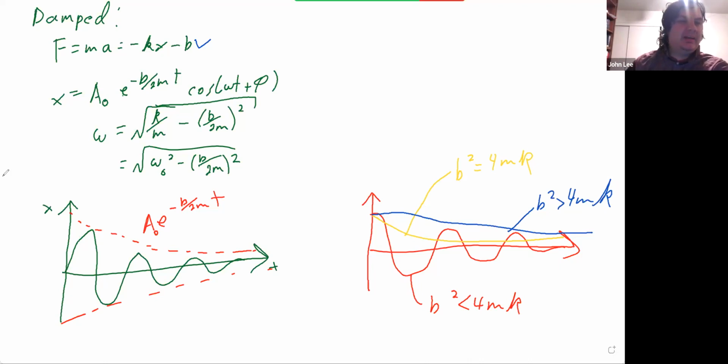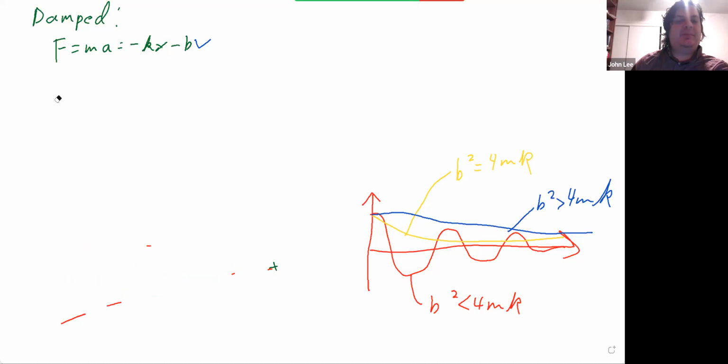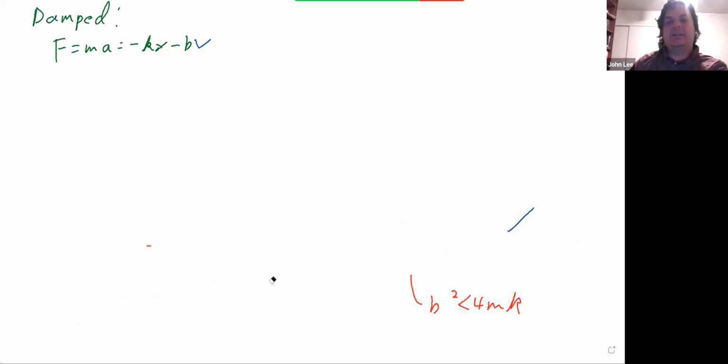If that's the case, what happens when, in addition to damping, we have some outside force driving it? For example, if you're on a swing set, it could be somebody pushing you with a certain driving frequency.